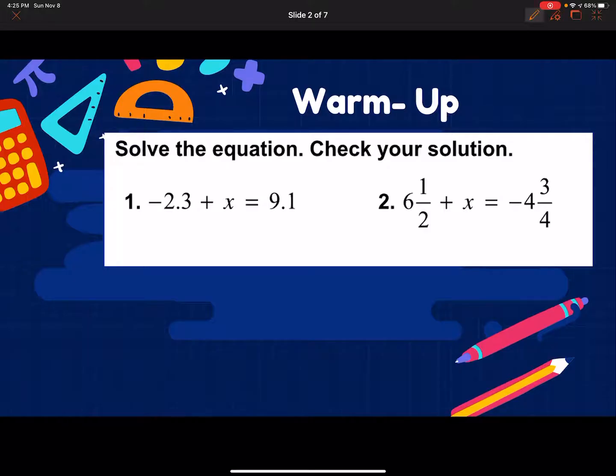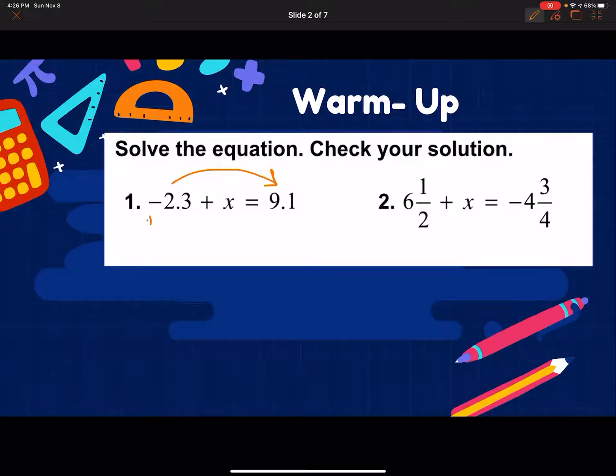Okay, in example 1, we have negative 2 3/10 plus x equals 9 1/10. Now, a couple ways we can look at this. We're always going to start on the side of the equal sign where our variable is. In this situation, we'll be on the left side. Now, our goal is to eliminate this negative 2 3/10. So we can pair it up with its opposite, or we can move it across the sign and change the sign, if you'll remember doing that.